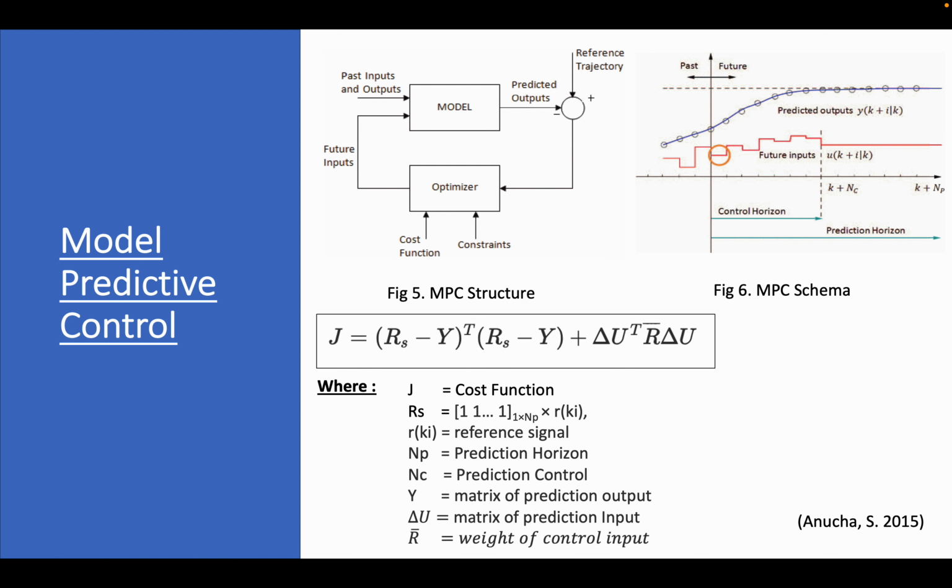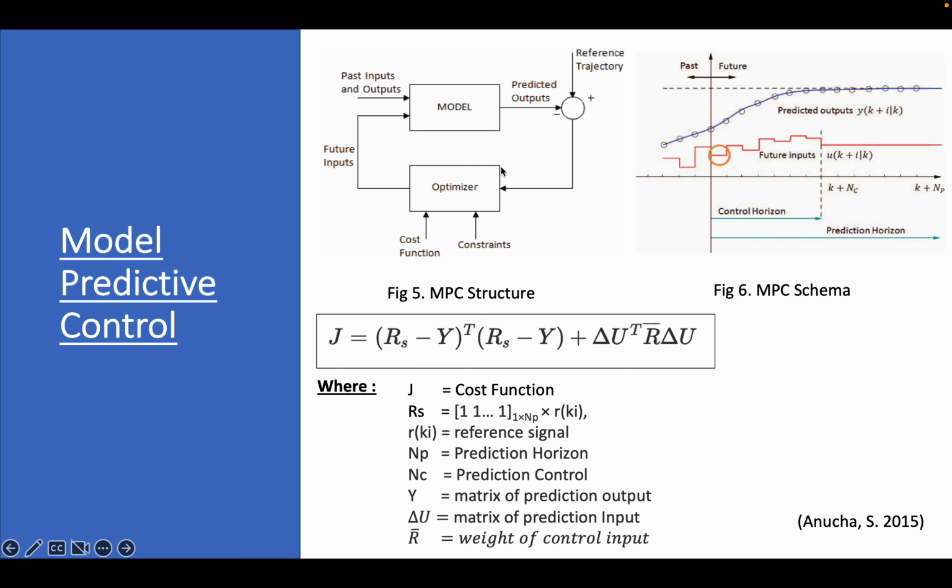For model predictive control, MPC is one of the advanced controls. The MPC works from the past data, and it estimates from the past data to the future data. This is the line of the current time, and MPC predicts from the past step to the future step, step by step.